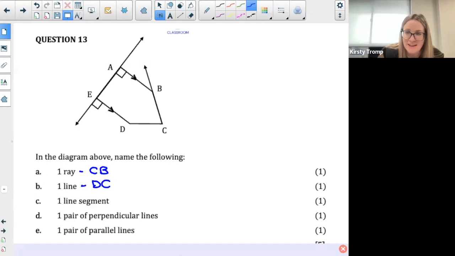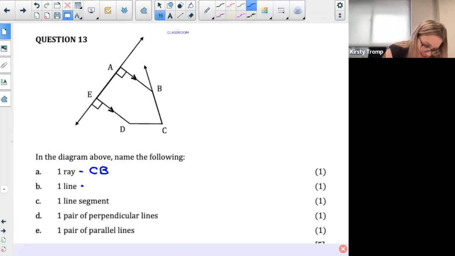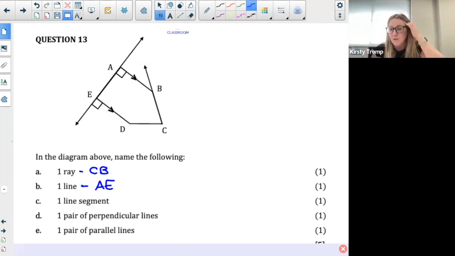Tando, you've got your hand up there. Tando, tell me, which is the line? I think it's AE. Well done. It's AE because the line needs to have what? It's okay, Tarjane. What does the line need to have again? Arrows. Well done. Thanks, Tando.